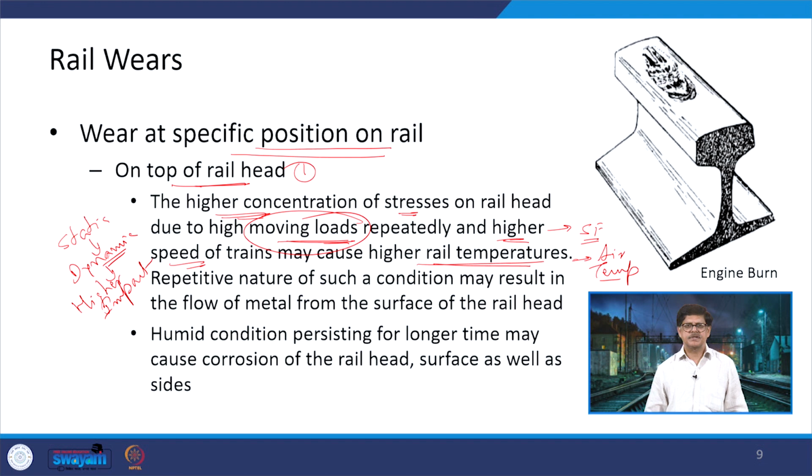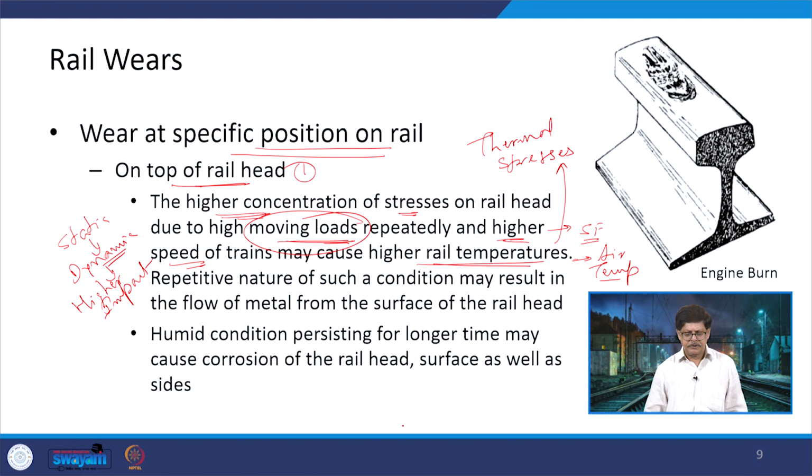So, any of the cases can be there, and because of that there will also be thermal stresses. And because of these thermal stresses, when the movements are restricted by the fastenings and fittings, then the effect may come towards the head because those stresses are getting created there.